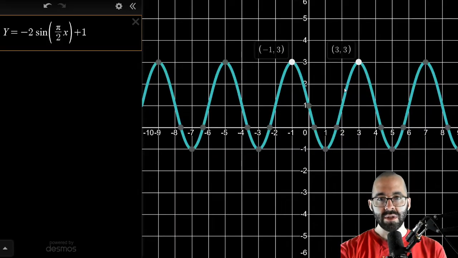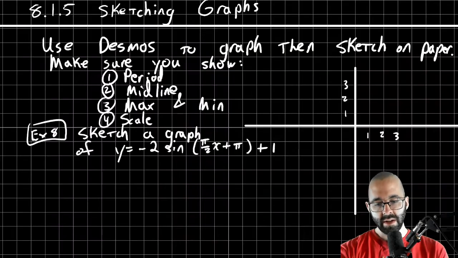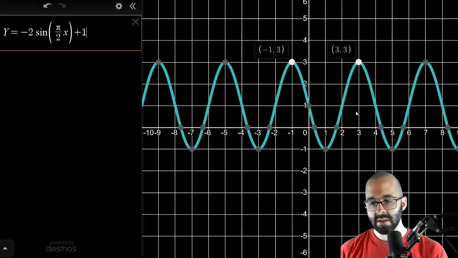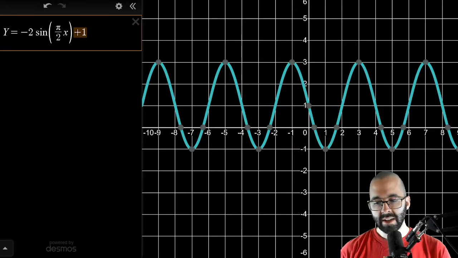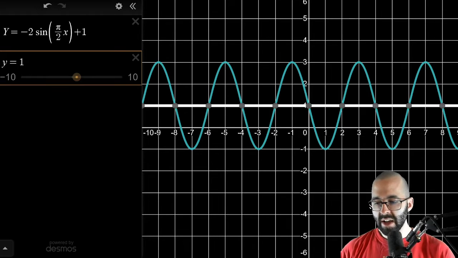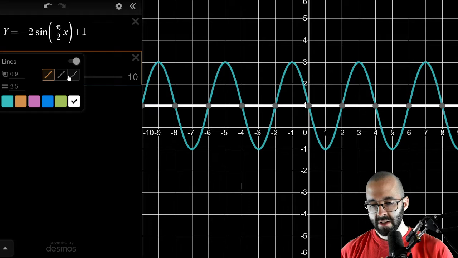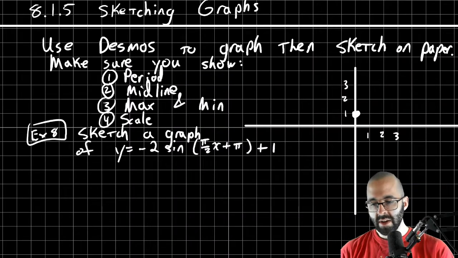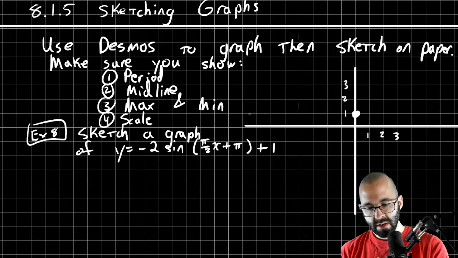All right, and we're starting at 0, 1. What's the midline here? The midline is this thing right here, right? It's going to be y equals +1. Let's graph that on our notes with a dotted line. Graph the midline right here.